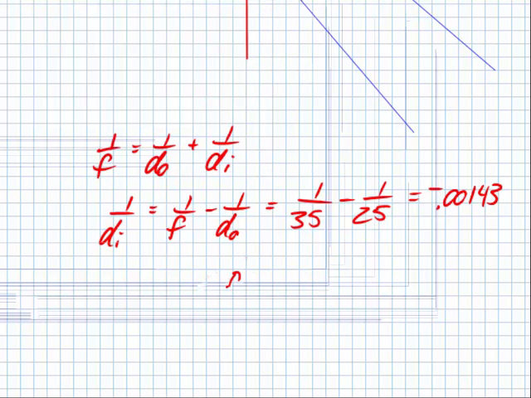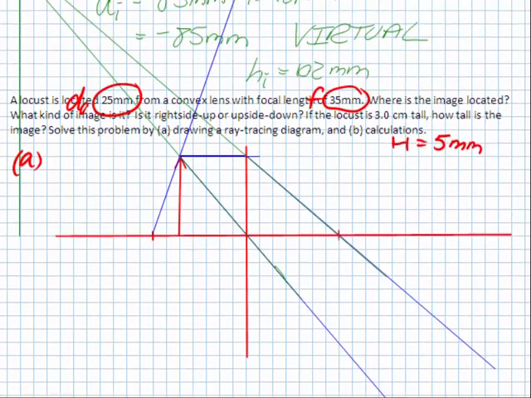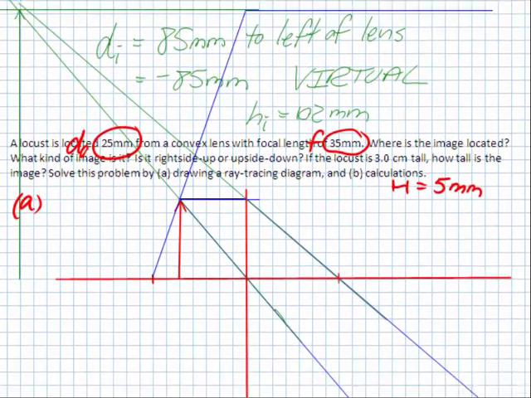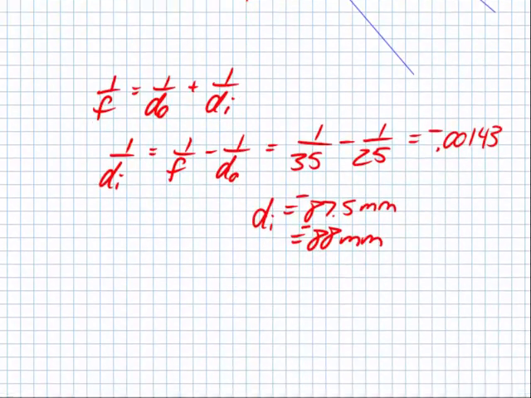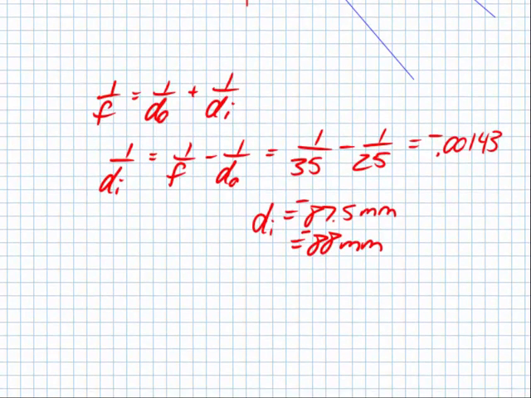So DI is equal to 87.5 millimeters, and let's go ahead and round that to 88 millimeters. And actually, that would be negative 88 millimeters because of the minus sign here. We had negative 85 millimeters from our drawing, so very good agreement.